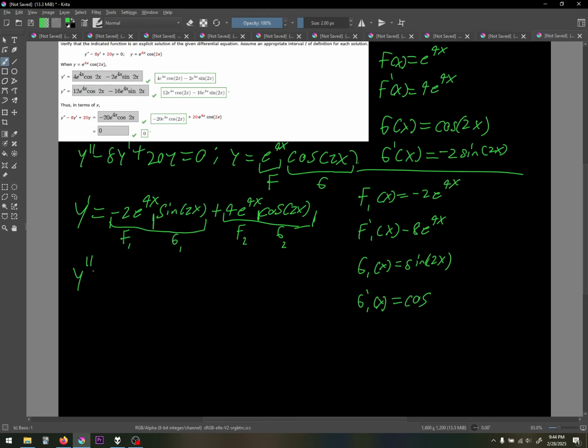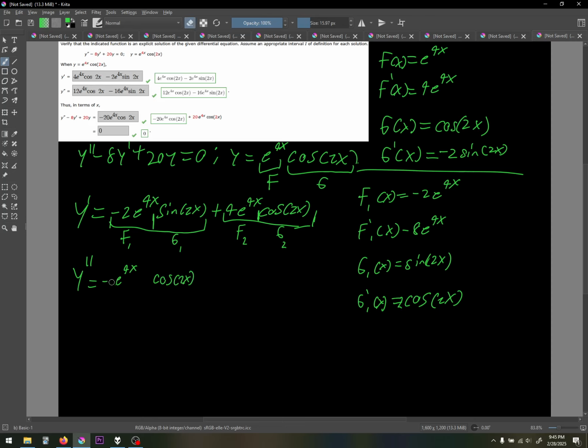So now, let's start with f. We're going to have negative 2e to the 4x, f times g prime. No, almost forgot cosine of 2x. And this is actually going to be times 2 cosine 2x. These can join together.